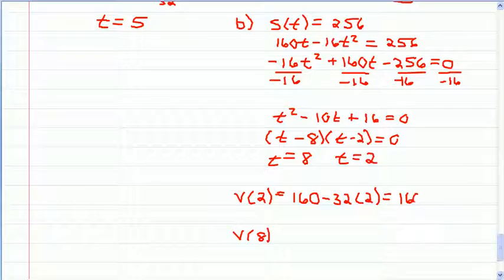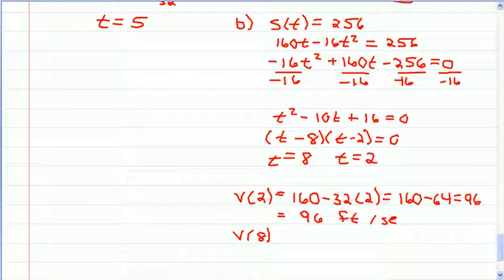So I have 160 minus 64, which is equal to 96. So 96 feet per second is the speed on the way up.